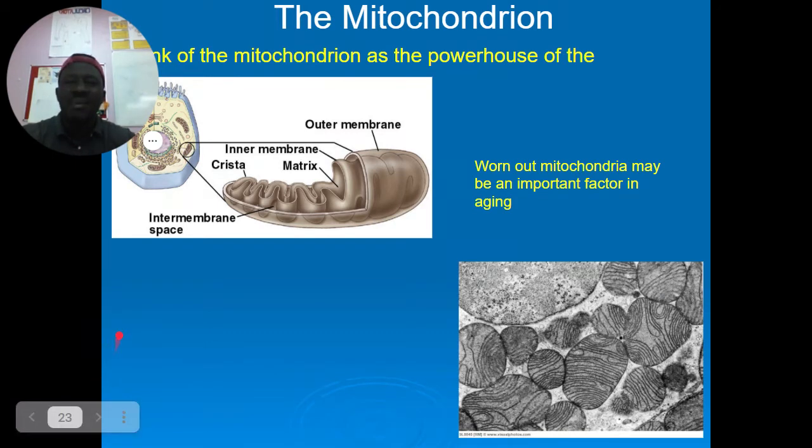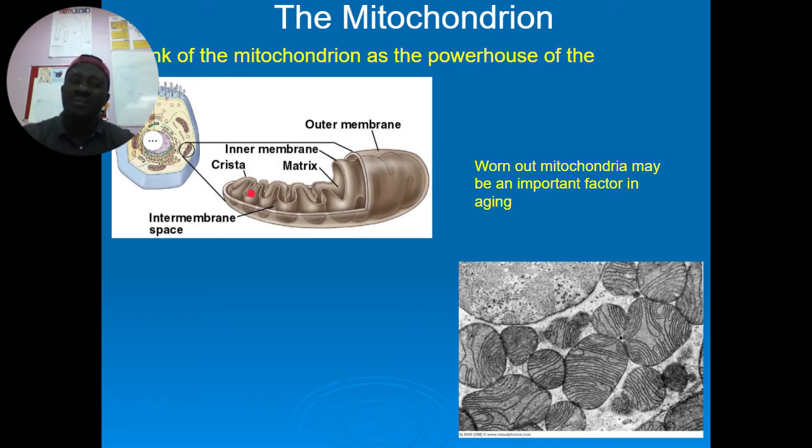The outer membrane is entire, and the inner membrane is folded to form structures known as the cristae, which increase the surface area for aerobic respiration.